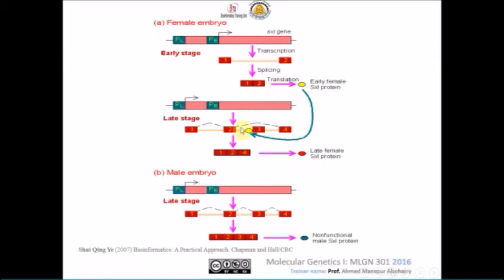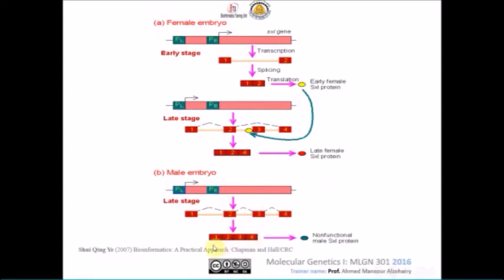Okay, let's see the male embryo. In the male embryo, only the late promoter will work and produce, as we see, exons 1, 2, 3, 4. And of course, because the male embryo doesn't have the early stage protein, the 4 exons will stay intact.